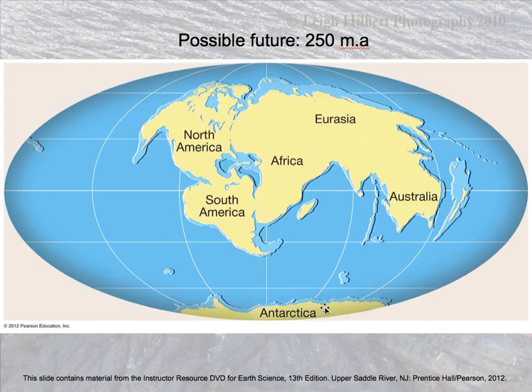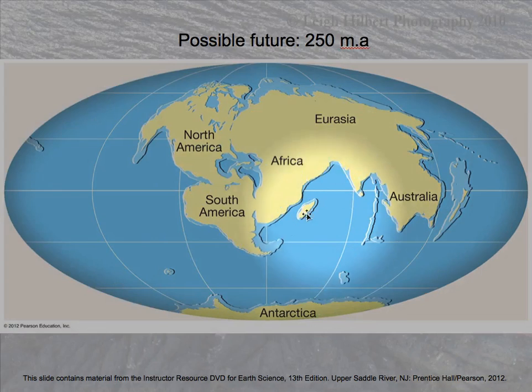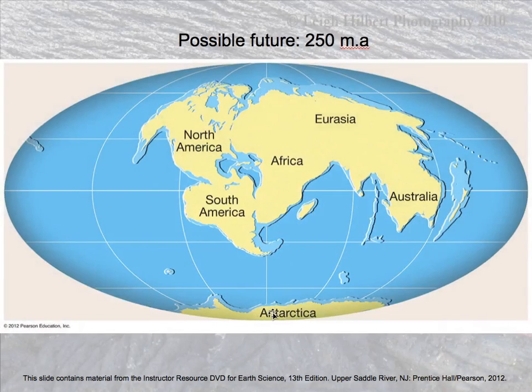You'll notice that in Pangaea, Antarctica was tucked up in here. In this particular plate configuration, right now it's not. Africa and North America are rearranged a little bit differently than they were in Pangaea, but the general gist is that plates will follow some degree of cyclicity and will oftentimes have similar relationships over long periods of geologic time.